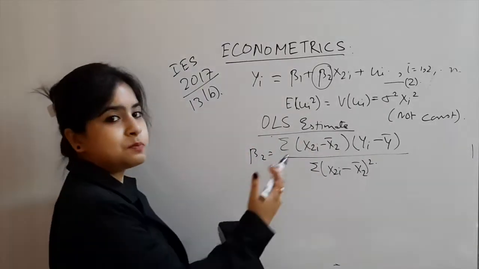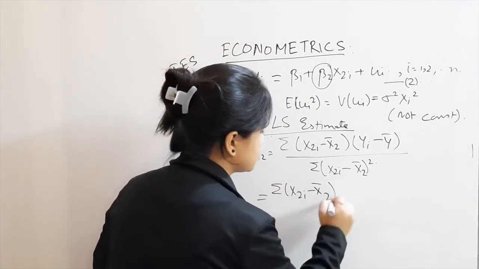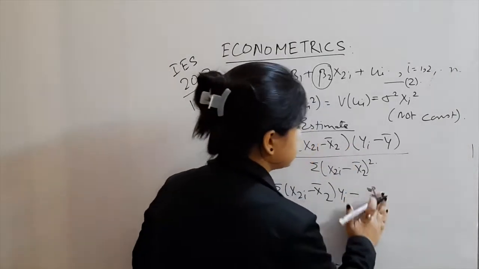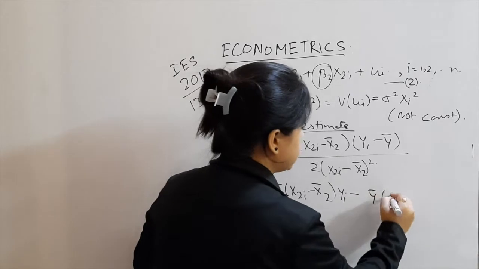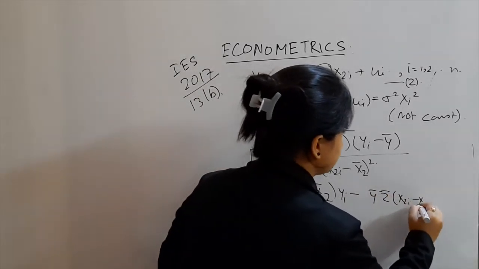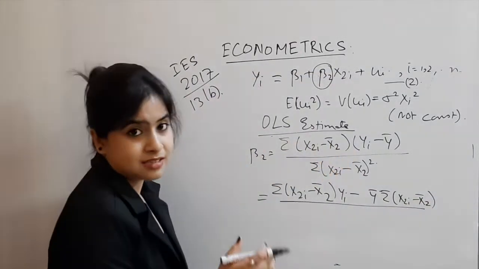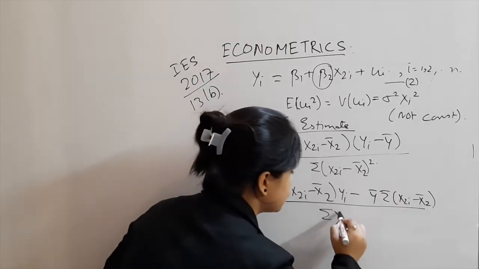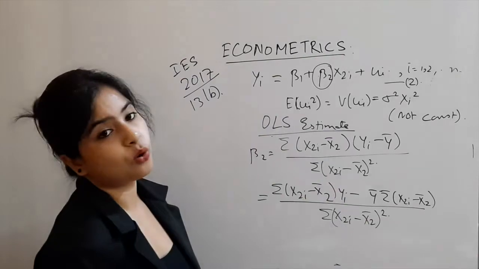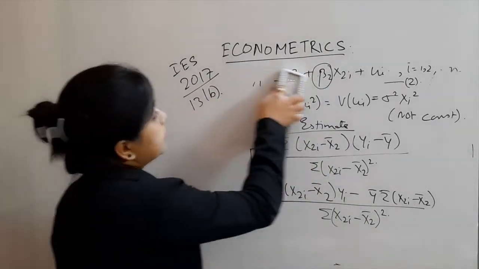Now let us just expand it. So here we have summation of (x2i minus x2 bar) yi with a minus, and then we have y bar and summation of (x2i minus x2 bar), and the denominator remains as it is, summation of (x2i minus x2 bar) whole square. Now I'm going to erase this part.